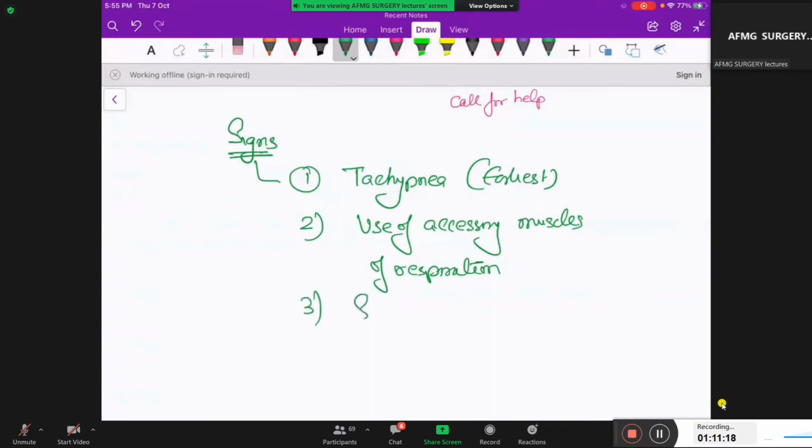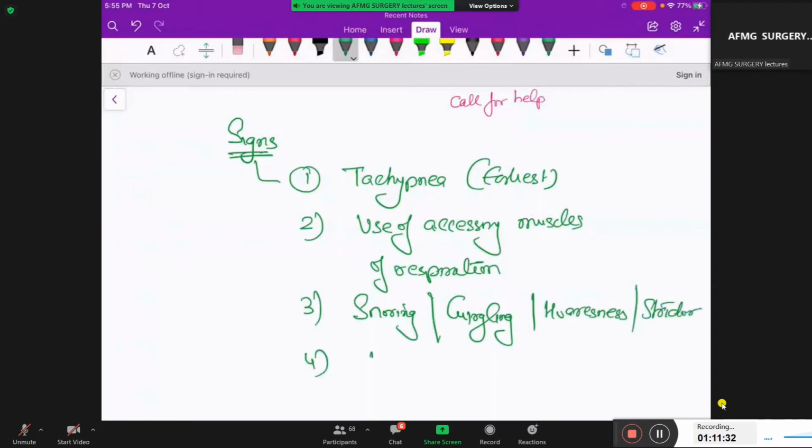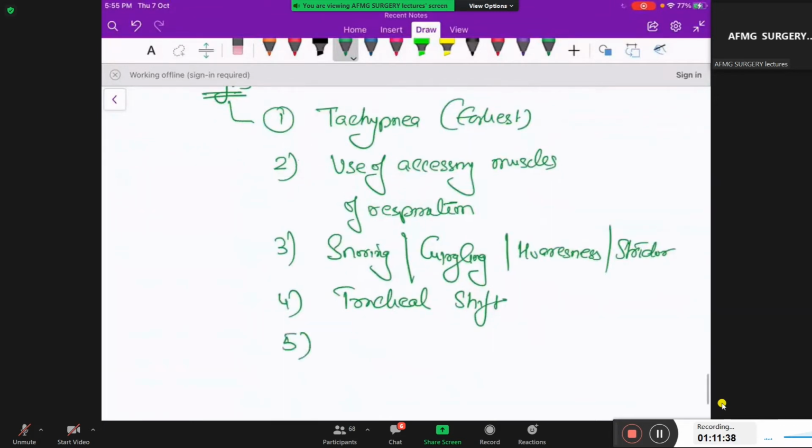Third, snoring, gurgling, hoarseness, or stridor. Fourth, if there is a tracheal shift or if the patient has cyanosis, this is a late sign.